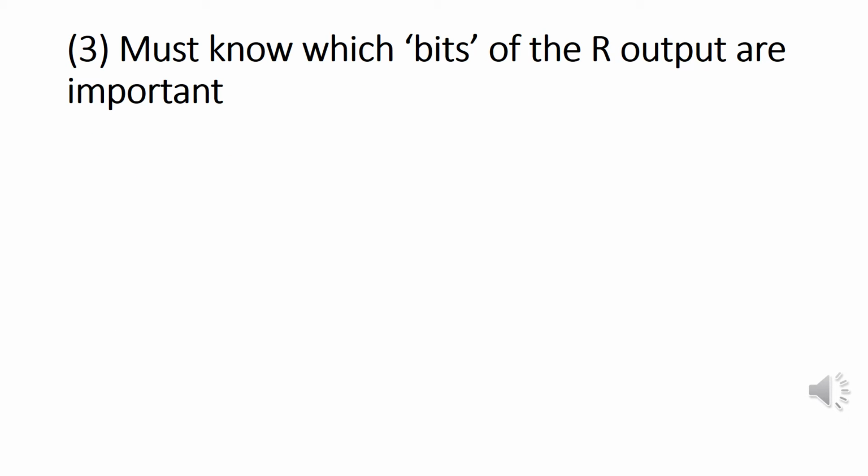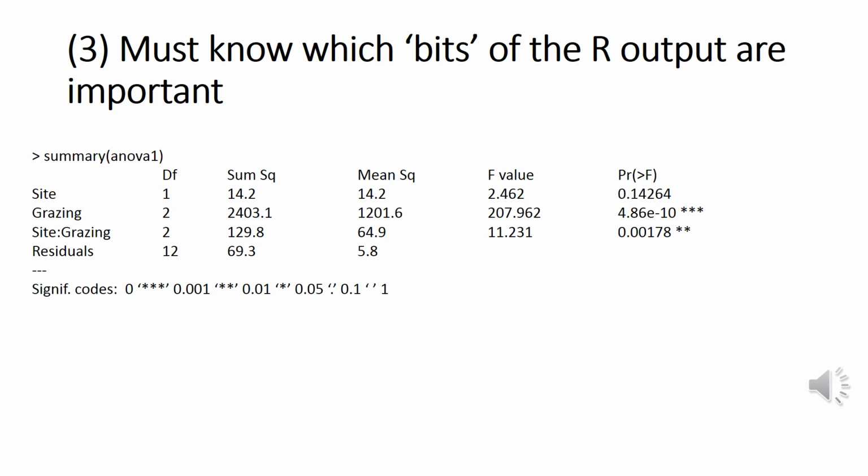Tip number 3, when you're given R output, you must know which bits you should pay attention to. In the case of ANOVA, you'll be given an ANOVA table with 1 or 3 F statistics. Here you can see we've got the output for a two-way ANOVA. Make sure you know what each F statistic is testing and of course whether it's significant or not.